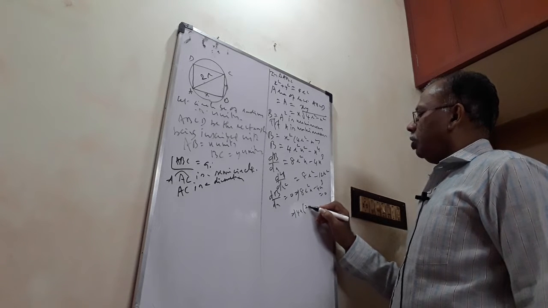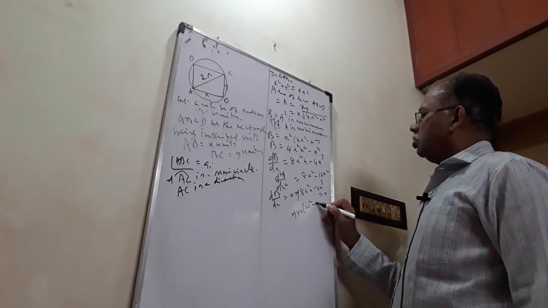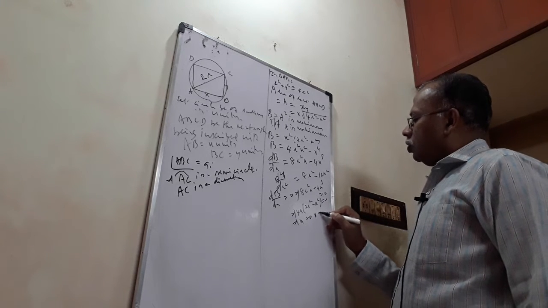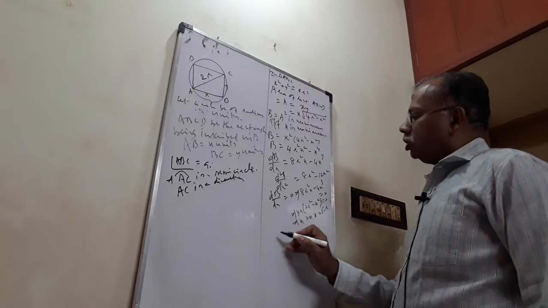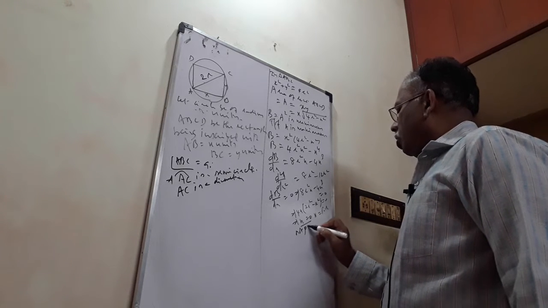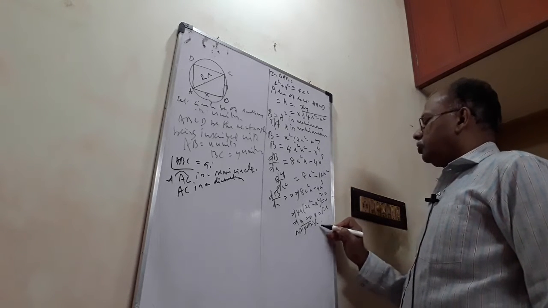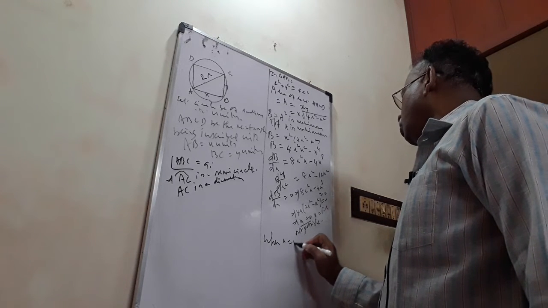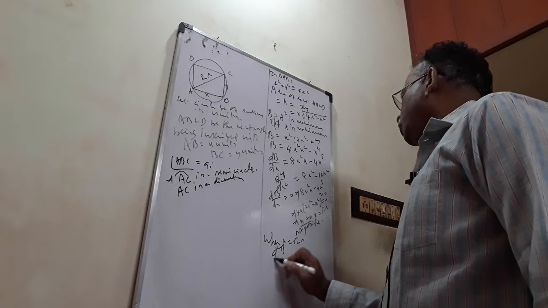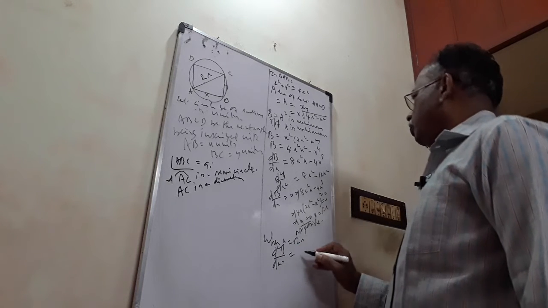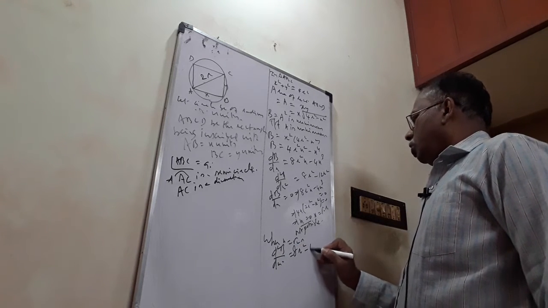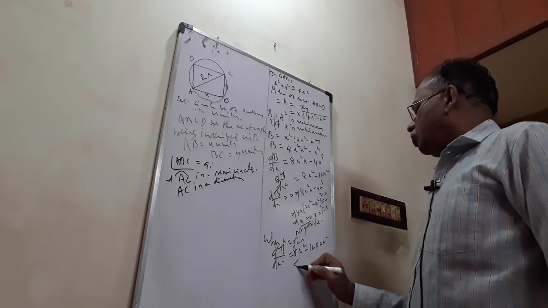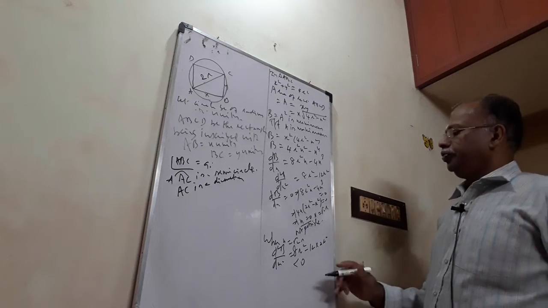Take 4x as common: 2r square minus x square is equal to 0. x equal to 0 or x equal to root 2 r. x equal to 0 is not possible; when x is 0, such a rectangle won't exist. When x is equal to root 2 r, d square B by dx square is 8r square minus 12 into 2r square, which is negative.